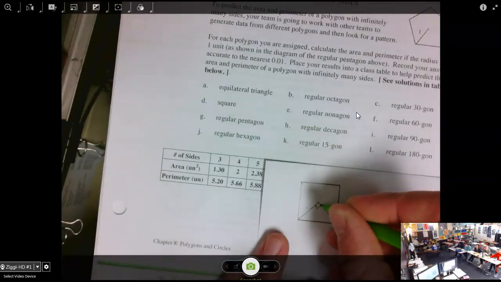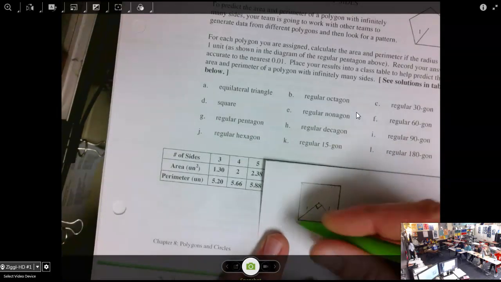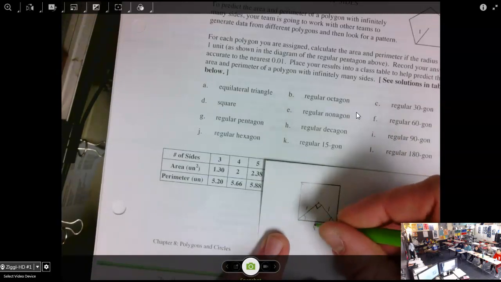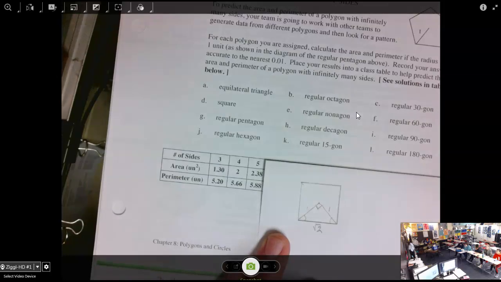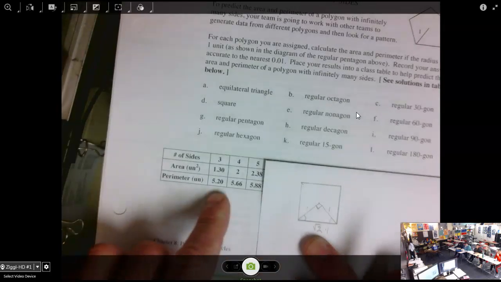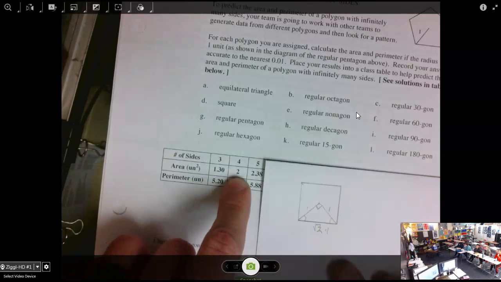An isosceles special right triangle, right? So this edge, being a 45, 45, 90, ends up being radical 2 times 1, which is just radical 2, right? So radical 2 squared is 2. That's how we get the area of 2.